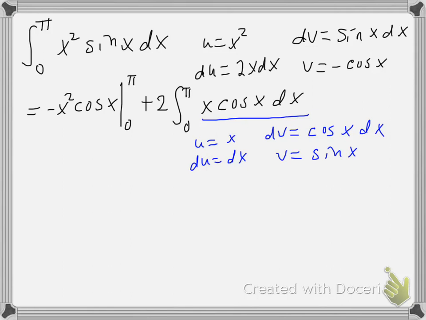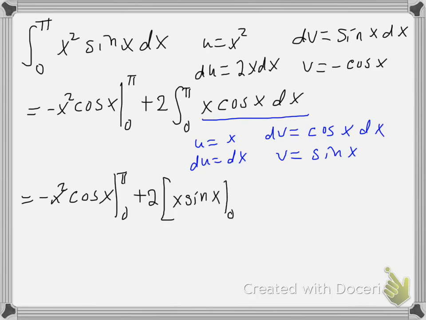So I'm going to get now that this is going to be negative x squared cosine of x evaluated between 0 and pi. We'll do that in a moment. Plus 2, in big parentheses or brackets, however you want to do it, x sine of x evaluated between 0 and pi minus the integral between 0 and pi of simply sine of x dx. That's just using integration by parts twice.